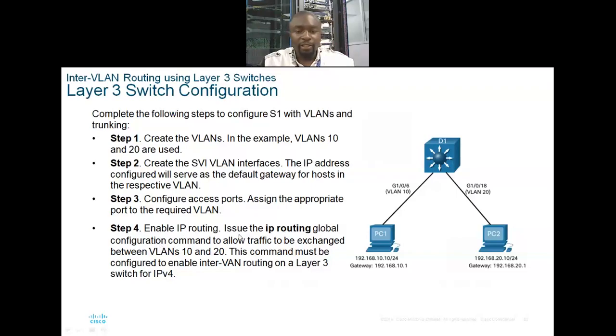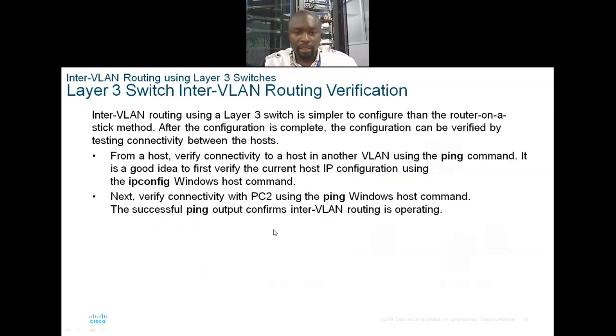Issue the ip routing global configuration command to allow traffic to be exchanged between VLAN 10 and VLAN 20. This command must be configured to enable inter-VLAN routing on a layer 3 switch. So that is cool, and this is to verify it.